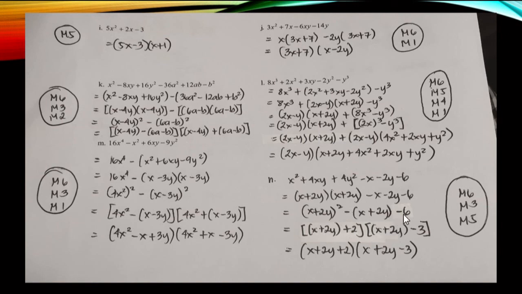Then, ang negative 6 can be 2 times negative 3. Since negative man ang nasa second term, so ang 3 negative para resulta siyang negative diha. So, the factor is x plus 2y plus 2 times x plus 2y minus 3. So, we use the grouping and then ang method 3, then ang atong method 5. So, mao na ang atong pag-factoring.